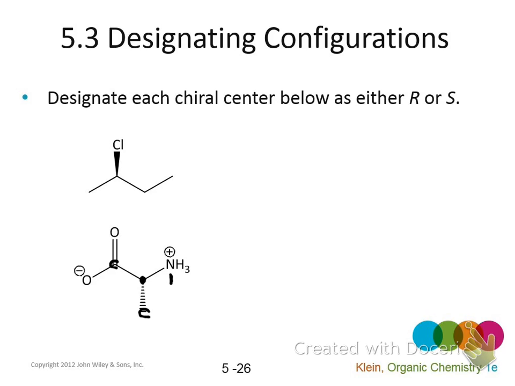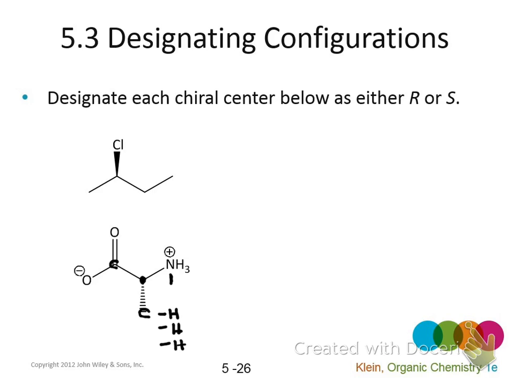So this guy here is directly attached to the center, so it gets the 1. Here, it's attached to a carbon, so the atomic numbers, I write 6 and then 7. So this has number 1. Which one's number 2? The left one, because these are both carbons, but this carbon is attached to 3 hydrogens, right?